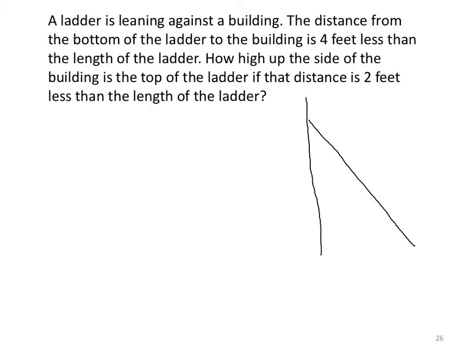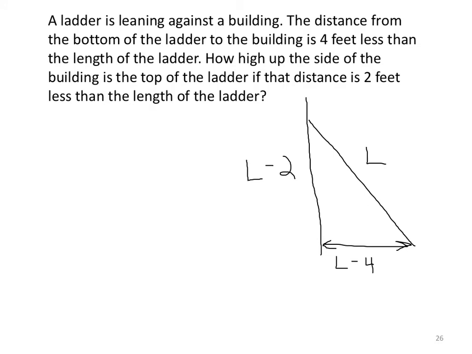So let's call L the length, and the distance down here is 4 feet less than L. So what is this distance here? How high up is the top of the ladder? Well, we're told that it is the length of the ladder minus 2.